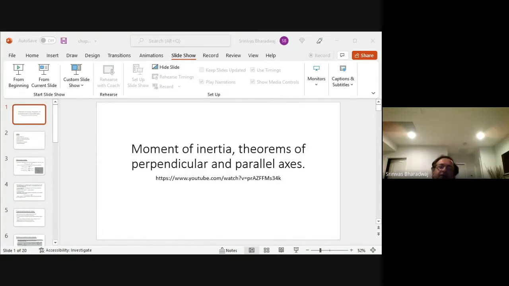With v equals r omega, you have m_i omega squared r_i squared, so you take omega squared outside. The remaining sigma m_i r_i squared is called I, the moment of inertia.